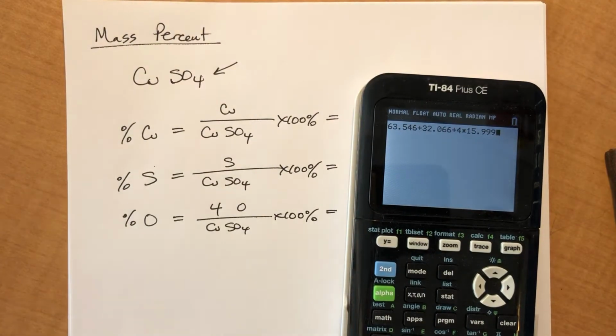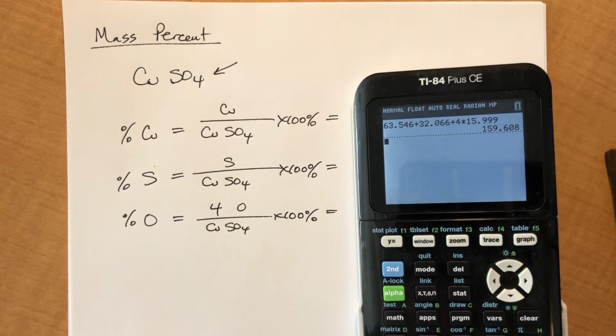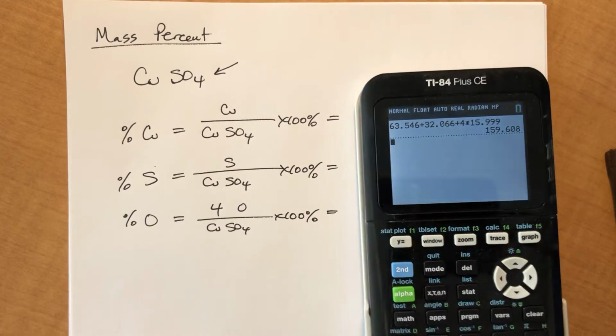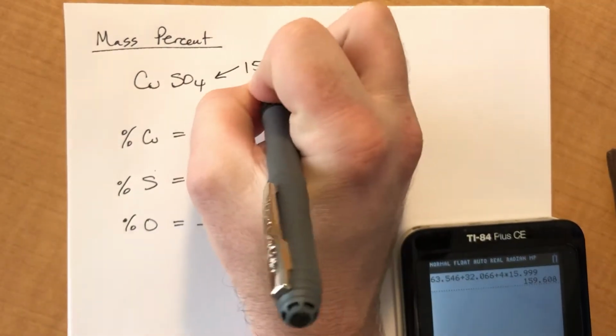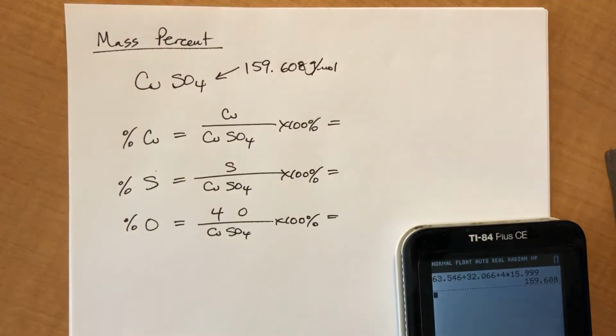I'm just going to round everything to 3 decimals. It'll give us more than enough sig figs. And our total mass is 159.608. So just adding up molar masses like we did on the previous video.